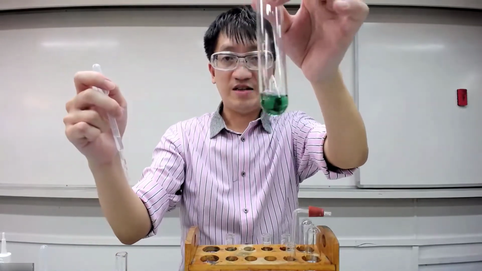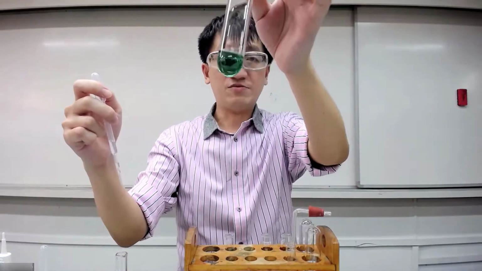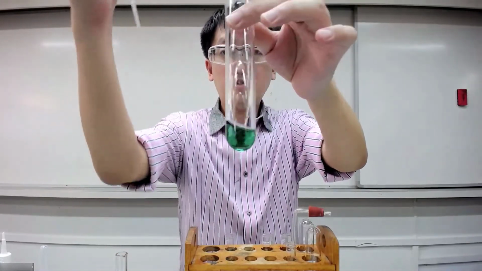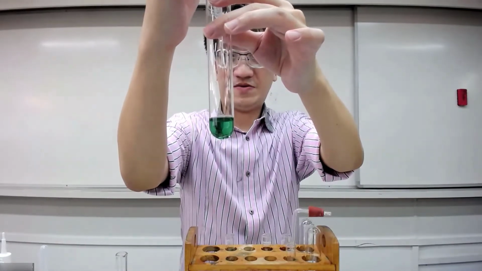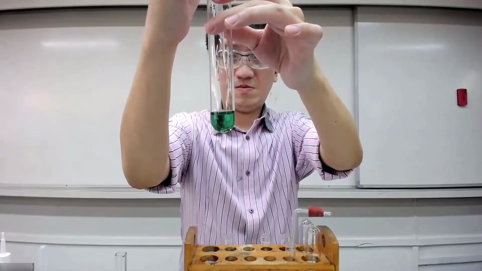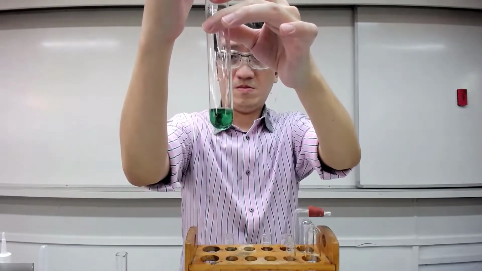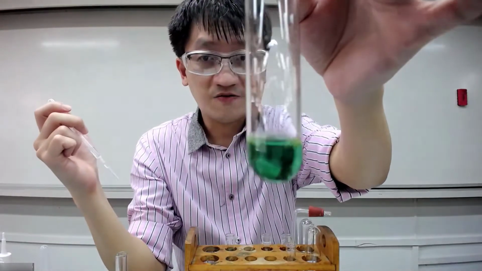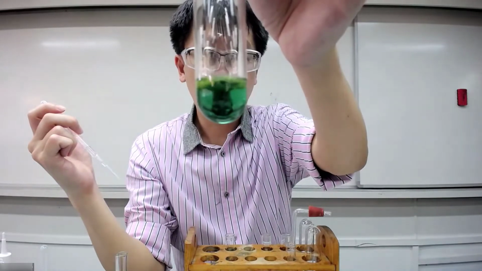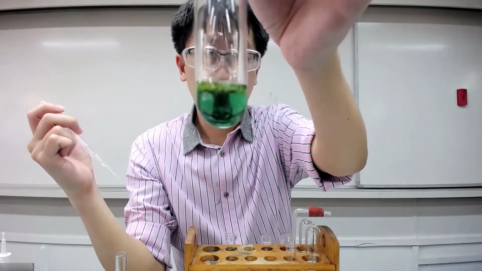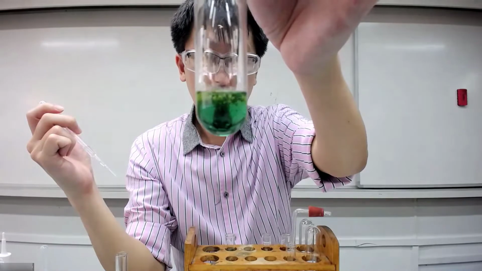Okay, I just want to let you observe, because this is a good technique which you can use on your own. Okay, so first of all, I add in 1 drop. You need to observe. Okay, can you see that the surface is a little bit of green precipitate, without me swirling it.